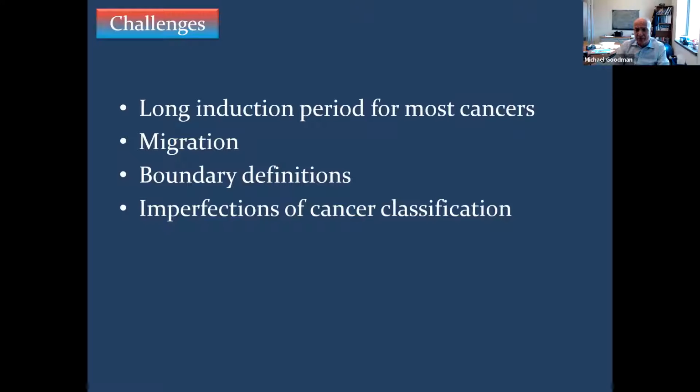And those problems, especially as they relate to cancer, may fall into 4 broad categories. One is that for most cancers, not all, but most, especially solid cancers, there is a long induction period that needs to be considered. So if one were to think of a clustering of a cancer, one also needs to be thinking of a clustering of its potential cause.